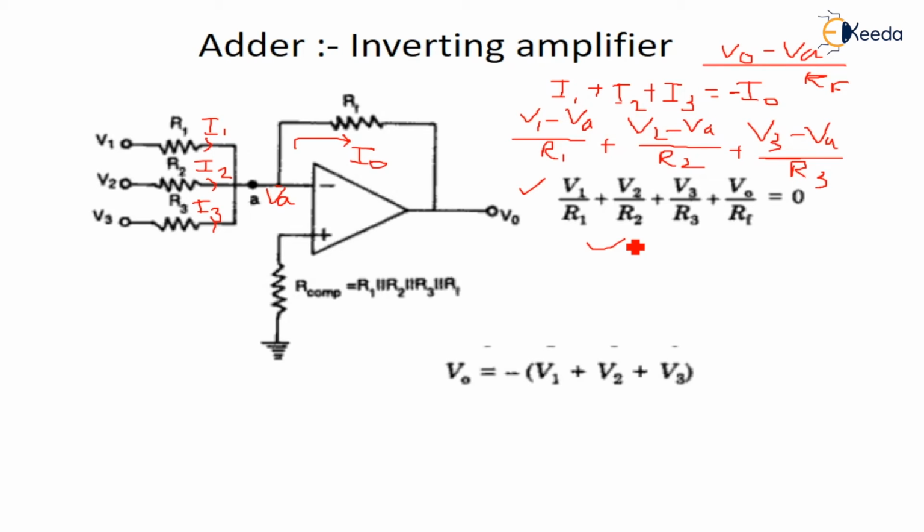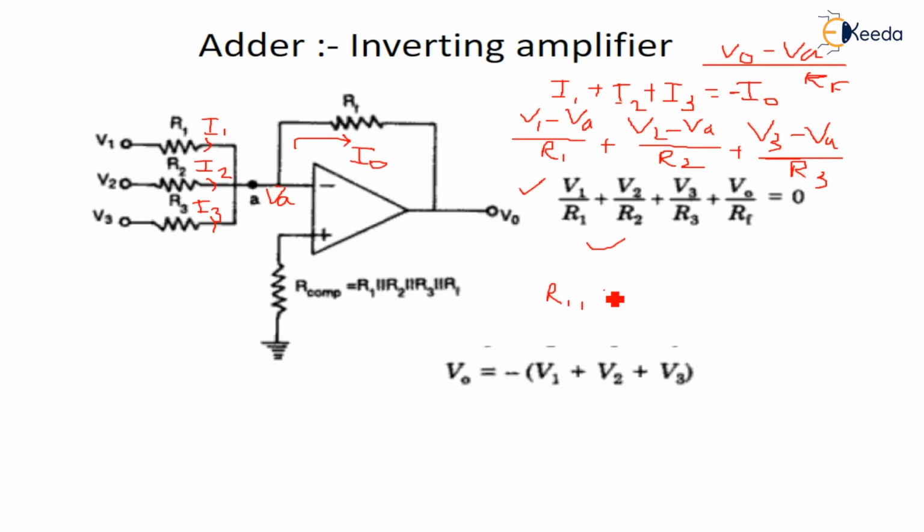Then the averaging circuit. In that case, all the resistors R1, R2 and R3 are equal, and RF is R divided by the number of resistors connected.